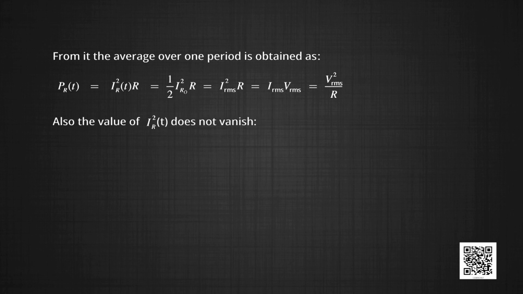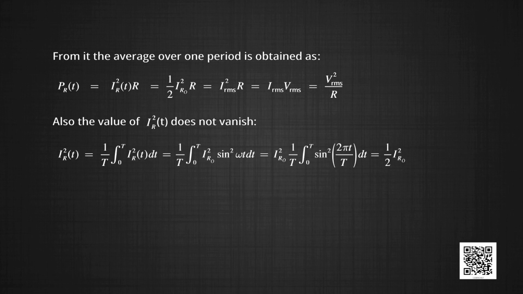Also, the value of I squared R t does not vanish. It means we can see here (1/T) integral from 0 to T of I squared dt is equal to (1/T) integral from 0 to T of I squared sin squared omega t dt, which is I squared times (1/T) integral from 0 to T of sin squared (2 pi/T) t dt, that is equal to 1/2 I squared.